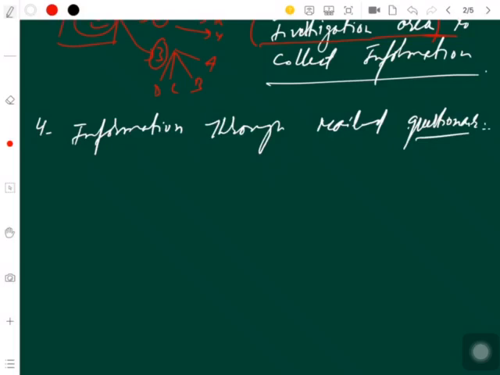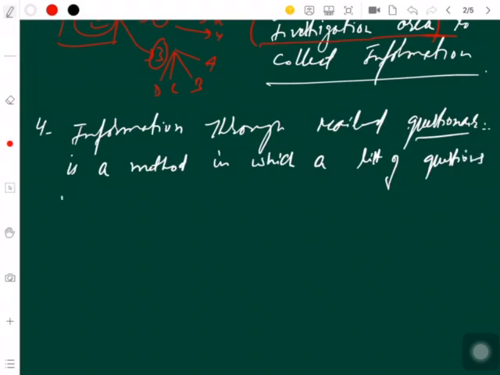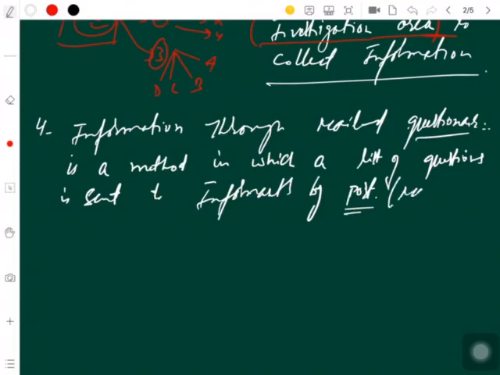So information through mailed questionnaire is a method in which a list of questions is sent to informants who are going to give you the information by post. This post word is now by mail.